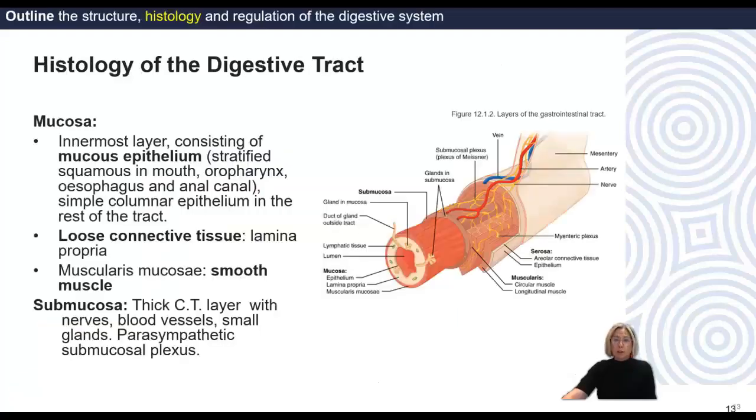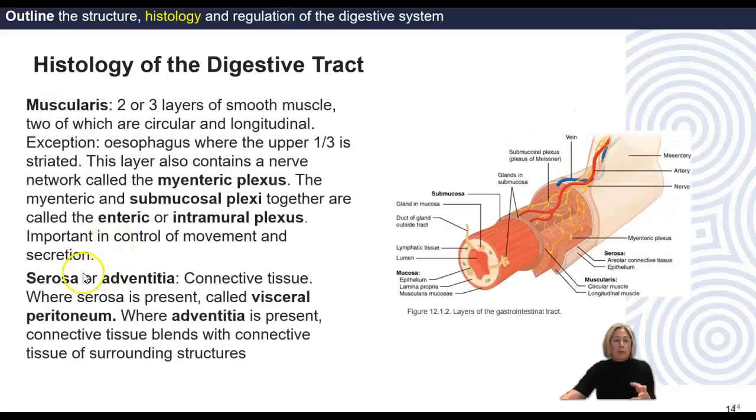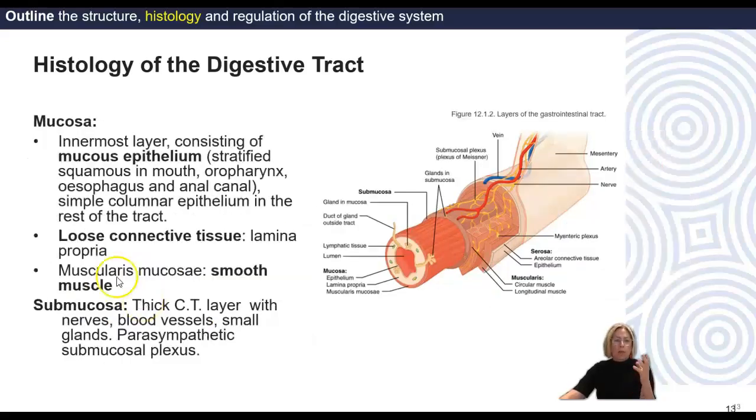So now we're going to look at the histology of the digestive tract, and there are 4 layers to the digestive tract wall. The mucosa is the innermost layer, and the serosa or adventitia then is the outermost layer. So for the mucosa, this is the layer that's in contact with either the bolus of food and the secretions or the chyme. It consists of mucous epithelium.